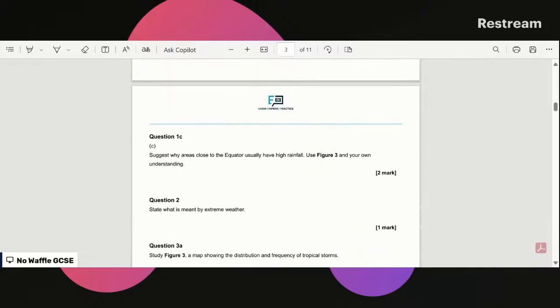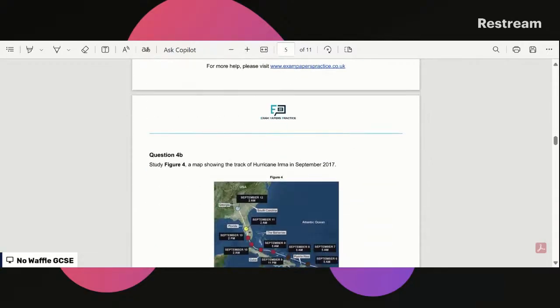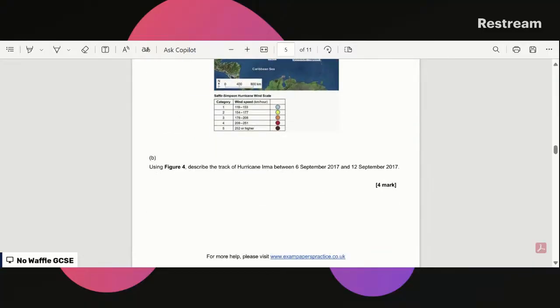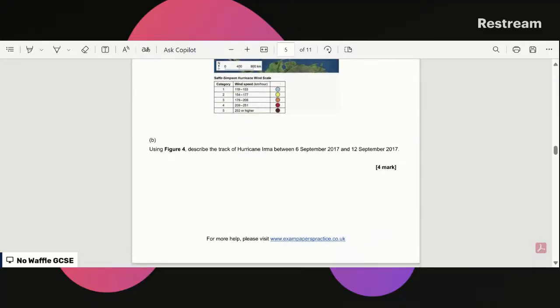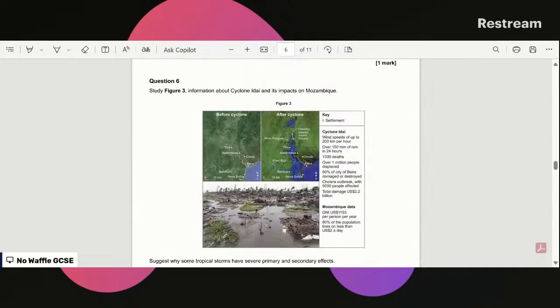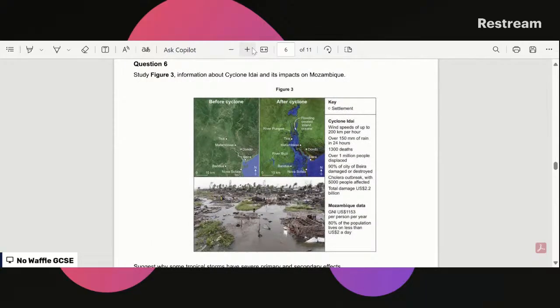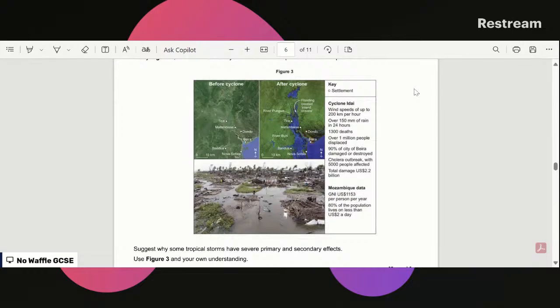Okay, let's now look for some higher marked questions so that you guys can practice. Okay, here's a good one. So, study figure 3, information about Cyclone Idai and its impact on Mozambique. And then the question is, suggest why some tropical storms have severe primary and secondary effects.